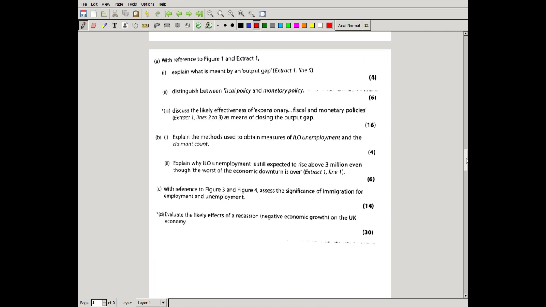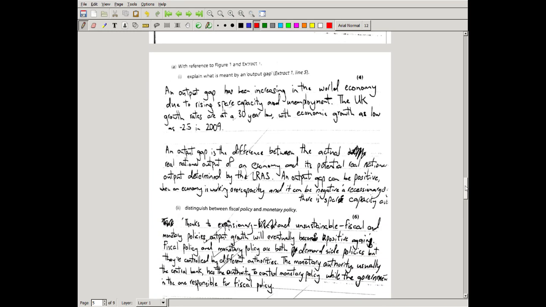So let's begin with my answer. An output gap has been increasing in the world economy due to rising spare capacity and unemployment. So I took a different approach. Typically, you're gonna see answers that start with the definition first and then go on to the application. I start with the application first and then I'm going to go on the definition.